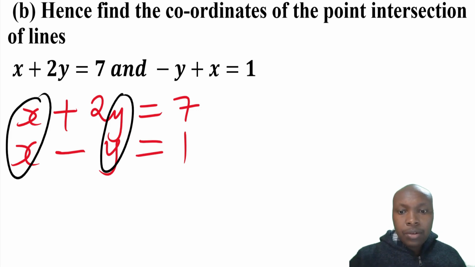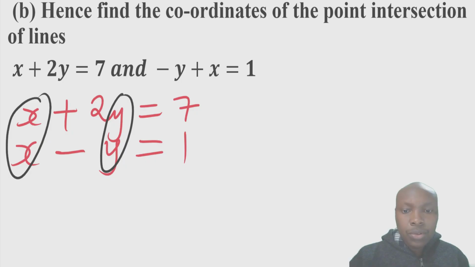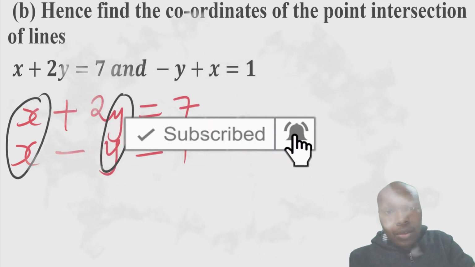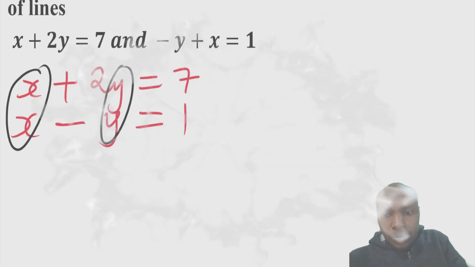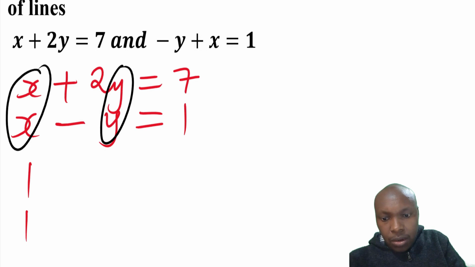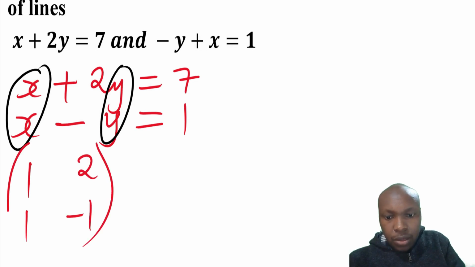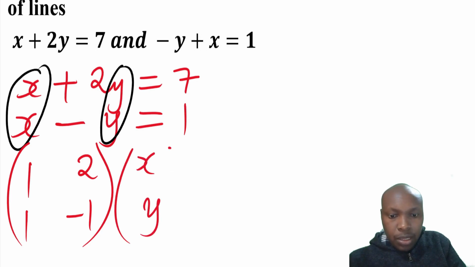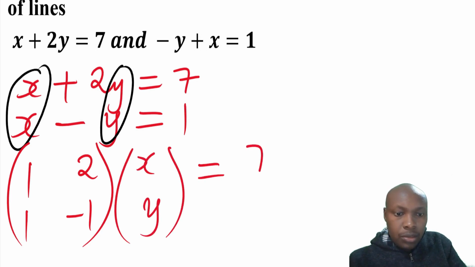Then from there, you extract the coefficients of x and y and write the two equations in matrix form. This is 1, 1, then the coefficients 2, -1, multiplied by x, y, equals 7, 1.